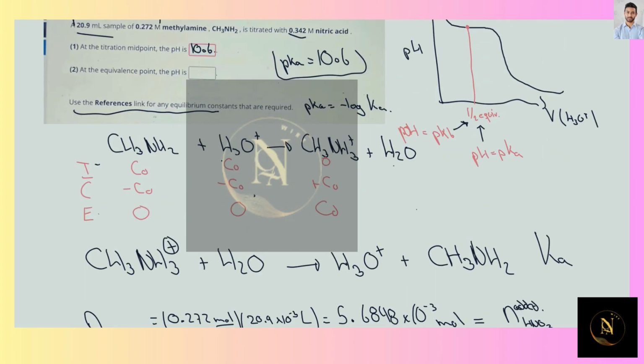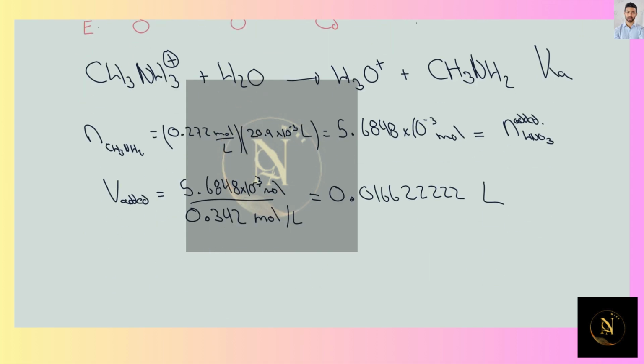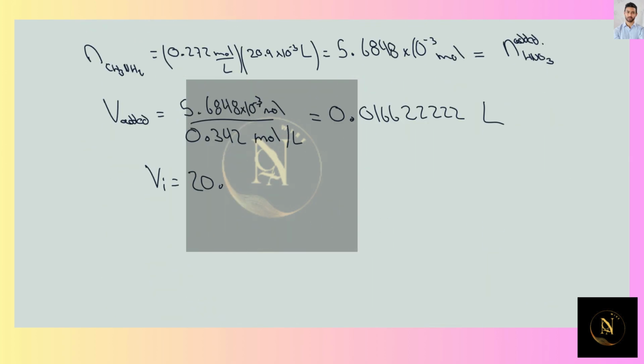Now let's compare this with the initial volume of 20.9 milliliters. The volume added is going to be 62 milliliters, rounded to 4 significant digits in this case.